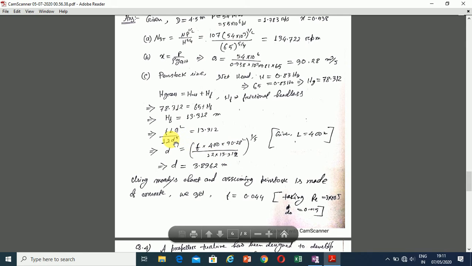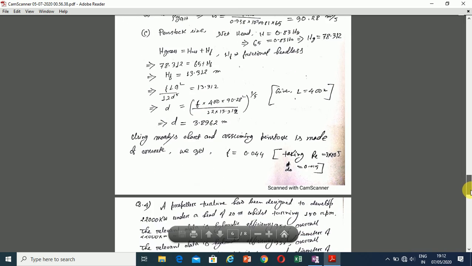So all the values put here, that is f is equal to 0.044, length is given in the question, that is 400 meter, Q is just found here 90.28, and head loss is 13.312 here. So from here we found D, that is 3.8962 meter. Now come to question number 4.